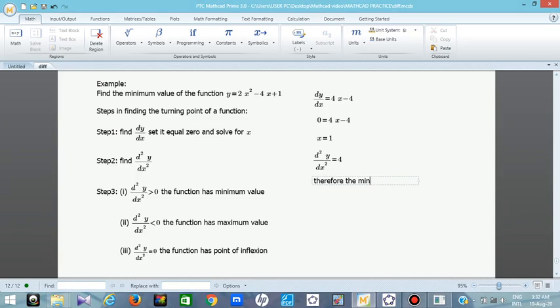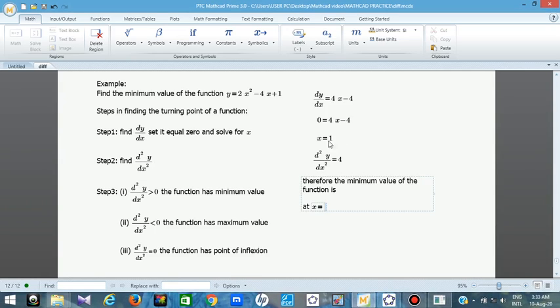the minimum value of the function is, let me position it well, the minimum value is at x equals 1.